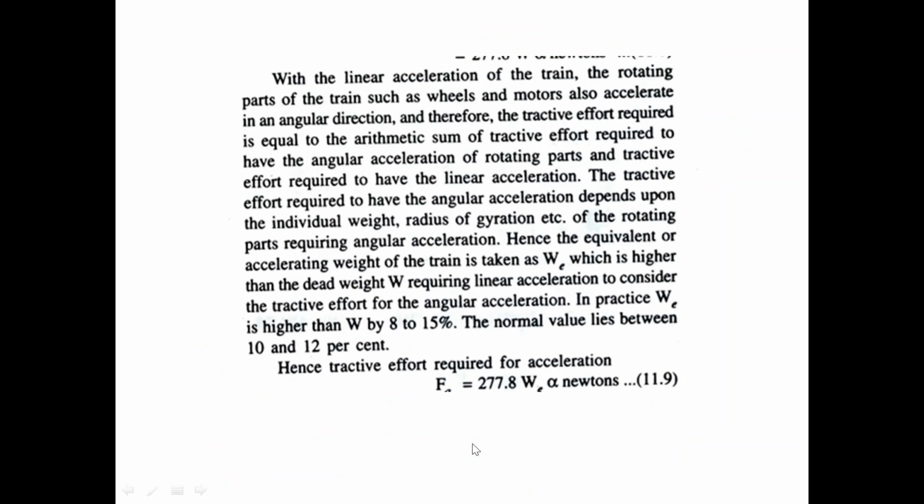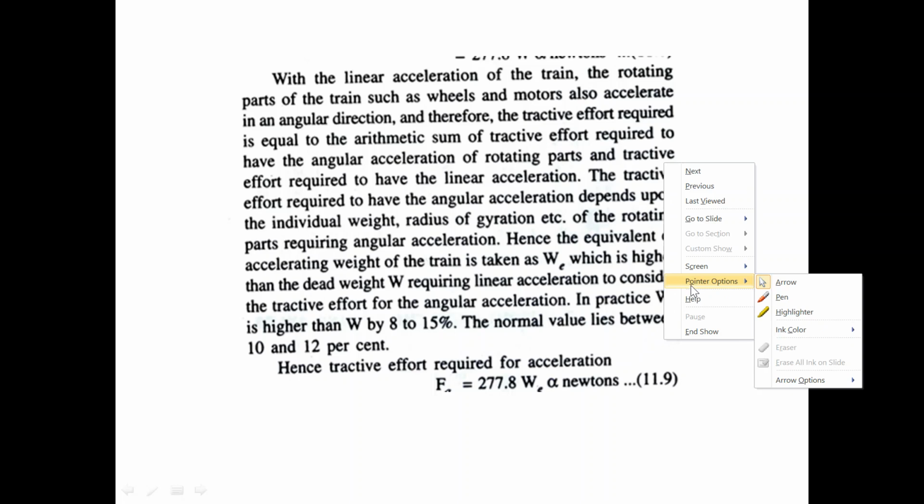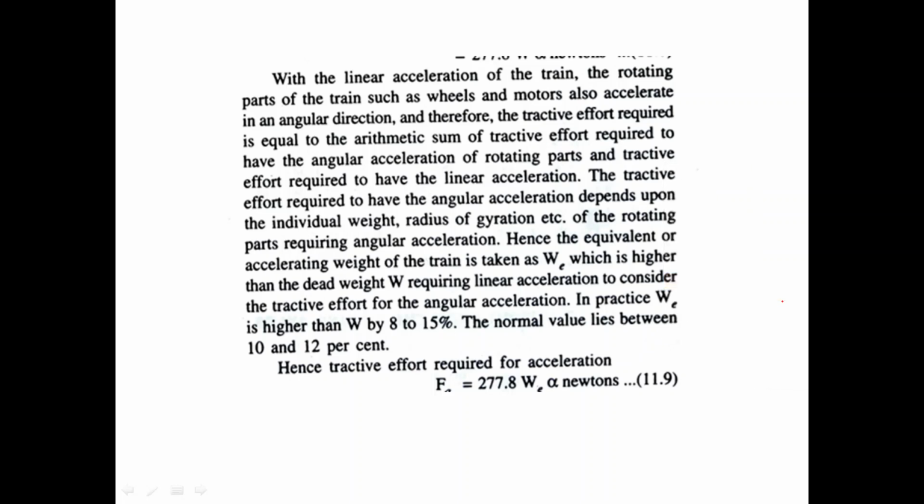But there is one important point. This Fa is included with the force that is acting on the wheel, so the weight is increased by 8 to 15% to take into account the force for angular acceleration of the wheel. This increased weight is called the effective weight.